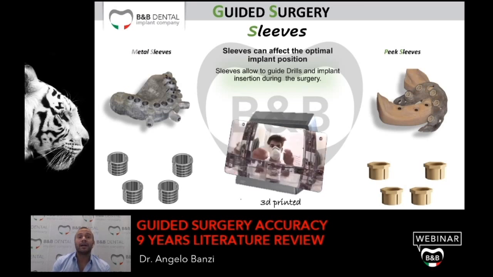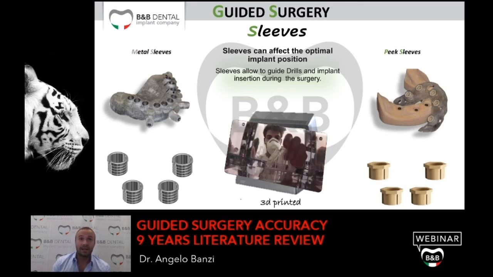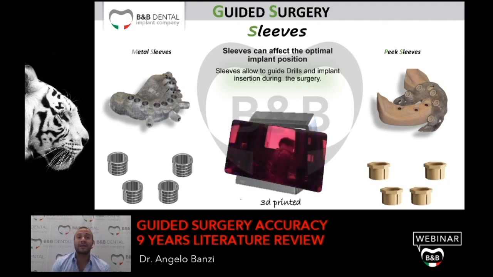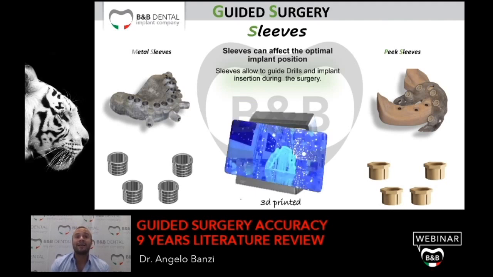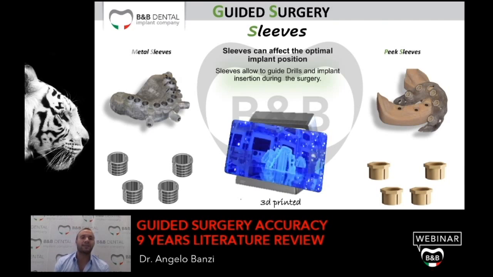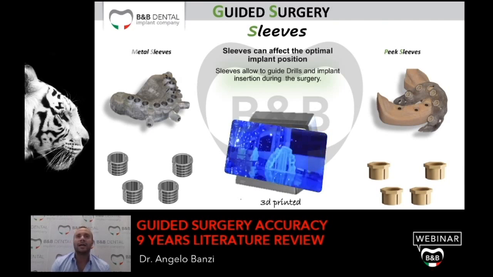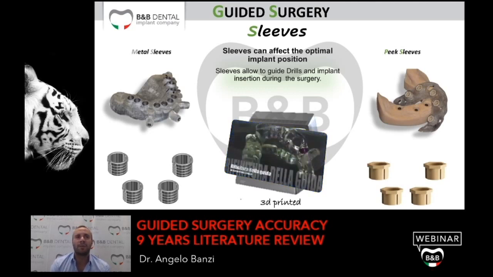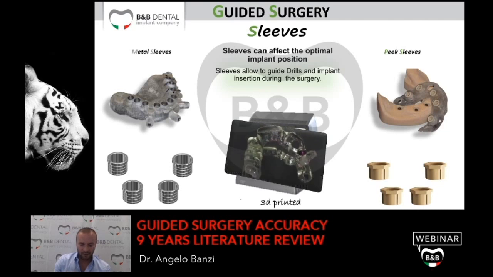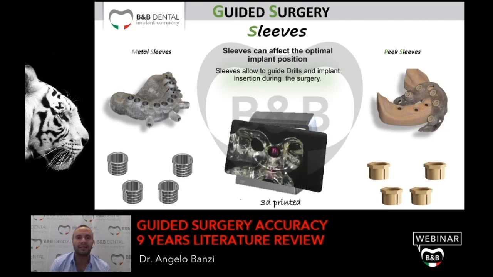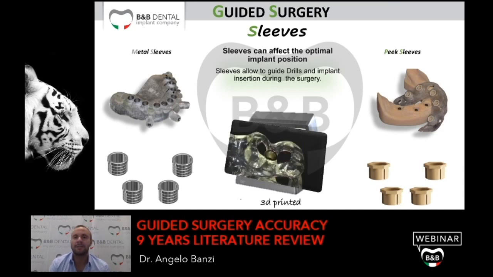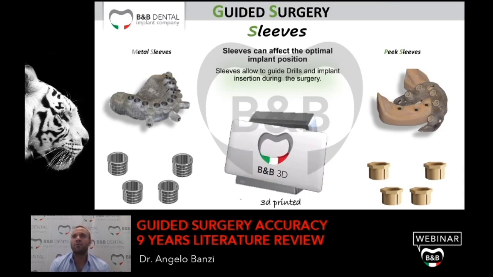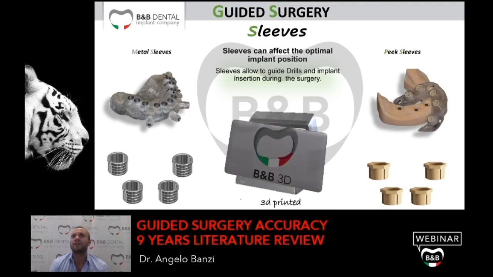When the drill rotates inside these metal sleeves, it is possible to create an effect better known as the friction effect, and this friction effect creates a problem for the rotation of the drill inside these metal sleeves. So to avoid this problem, we decided to work with PEEK sleeves.